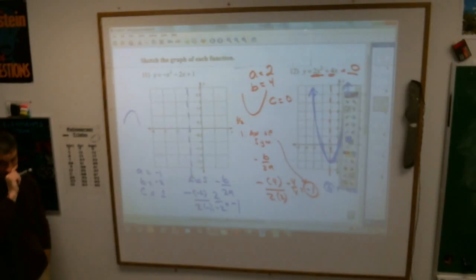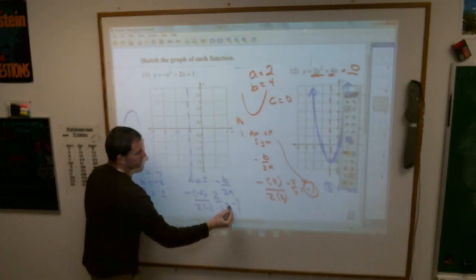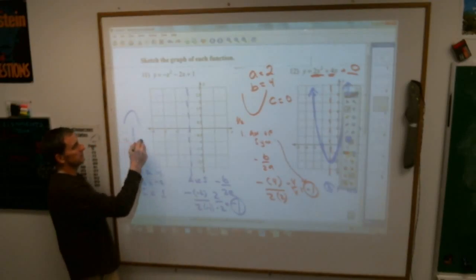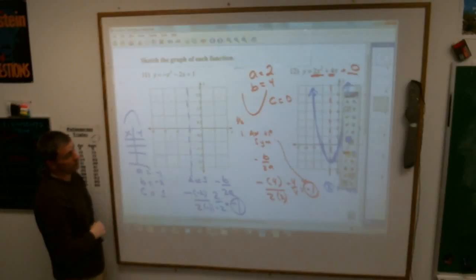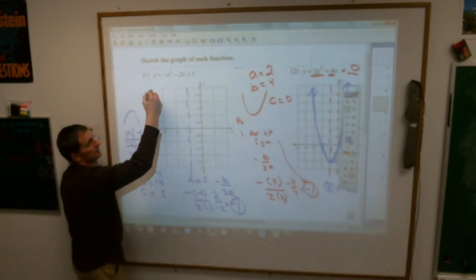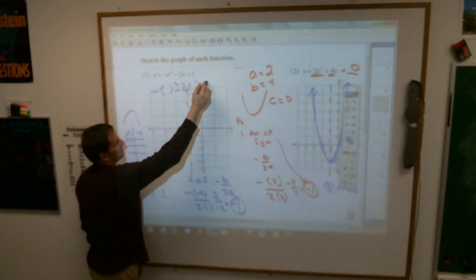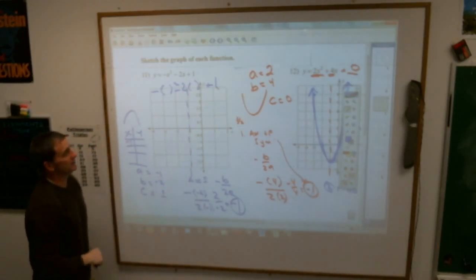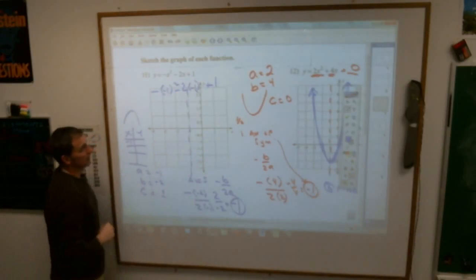Hint, hint, helpful. Now the next thing you have to do is take your -1, you're going to jot down the table of x and y values because you need to plot at least 2 more points. You put -1 into your equation, negative x squared minus, and this is where people go wrong, not taking their time and getting this all nicely done. -1 for x squared, -1 for 2x.